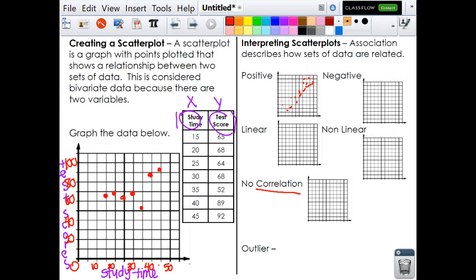So make sure you did your dotting. All right, now negative. It's going to go in a negative direction. Linear means it looks like a straight line, okay?